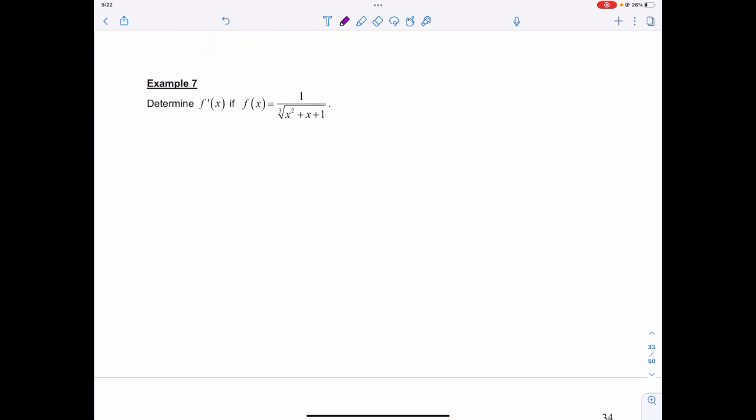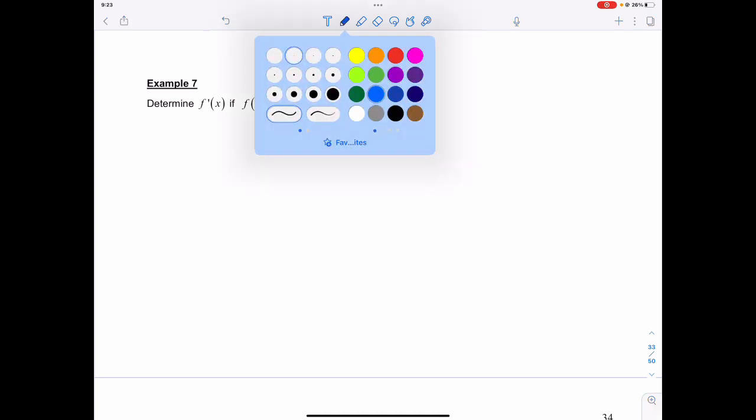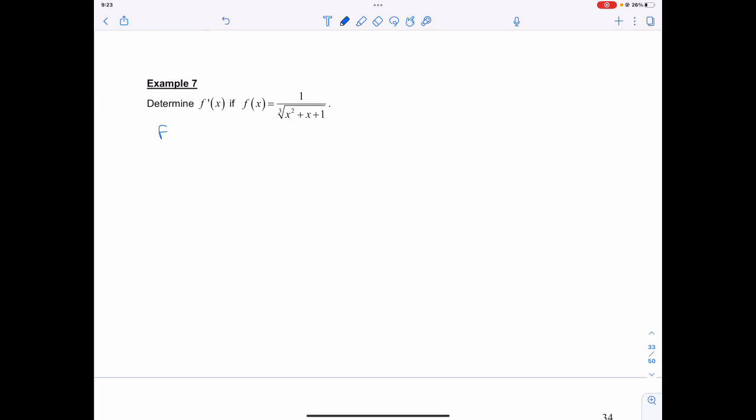Example 7 is very similar to example 6. If I need to know f prime of x, if f of x is equal to 1 over the cube root of x squared plus x plus 1, then the first thing I'm going to do is rewrite what f of x is and state that f of x is equal to x squared plus x plus 1 to the power of negative 1/3.